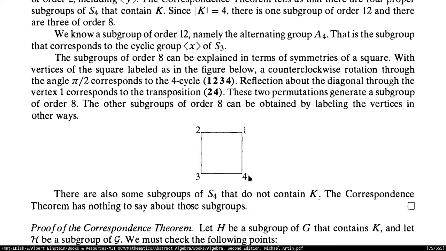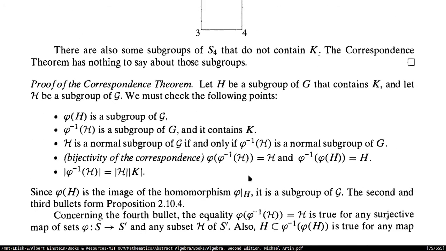I'm not sure if I have a better way to explain this, but yeah. Okay, so we have the proof of the correspondence theorem, and the proof has a few things in it before we get to products.